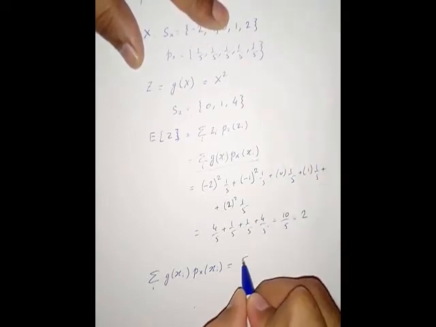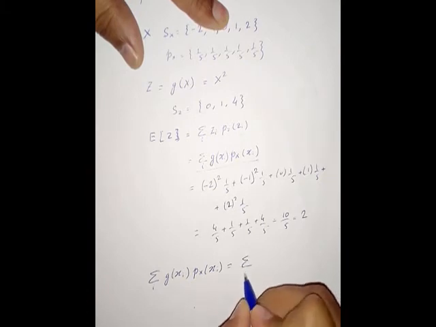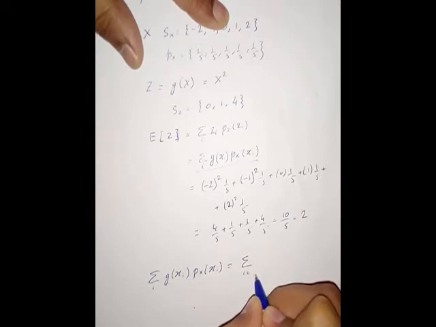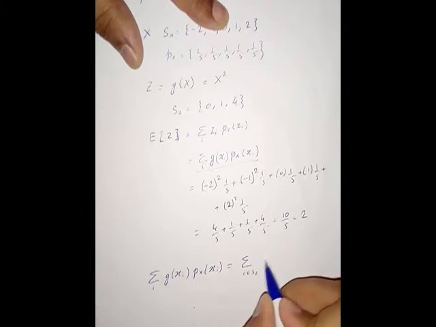So first of all, let's take the first summation over all possible values of z, where i belongs to the sample space of z.